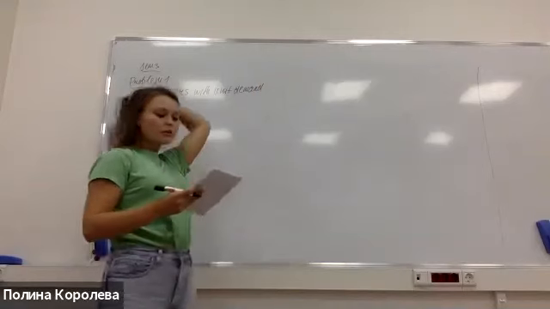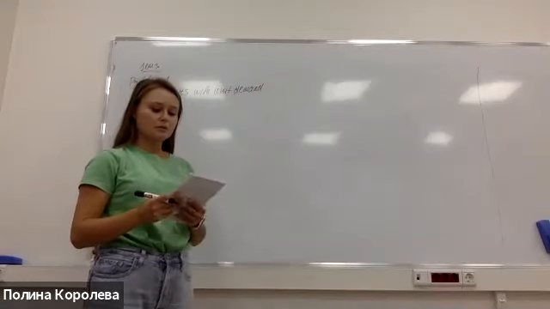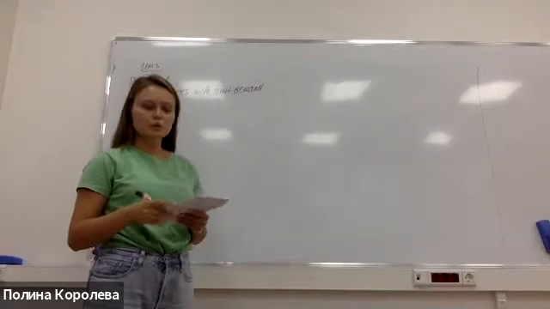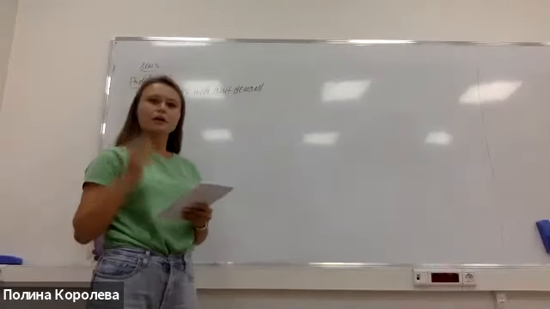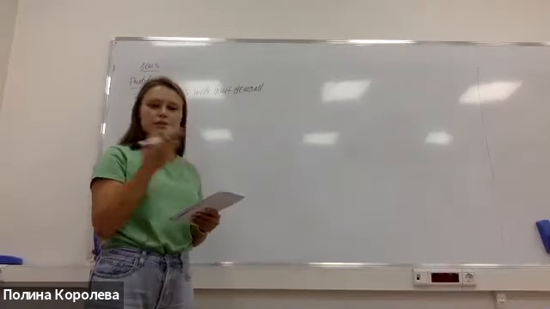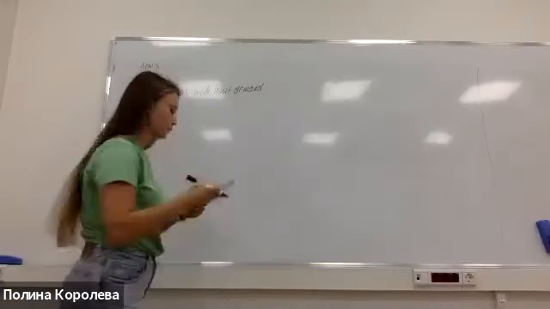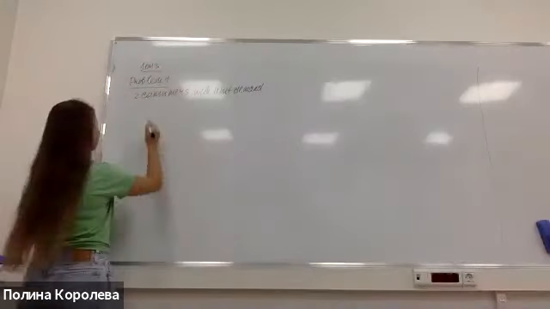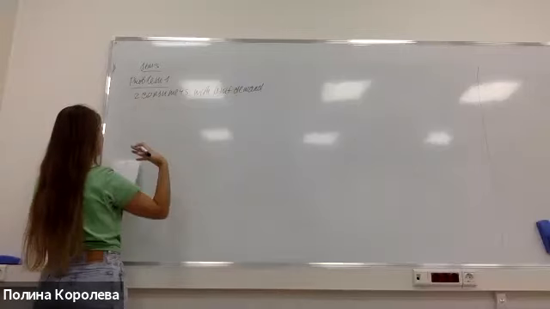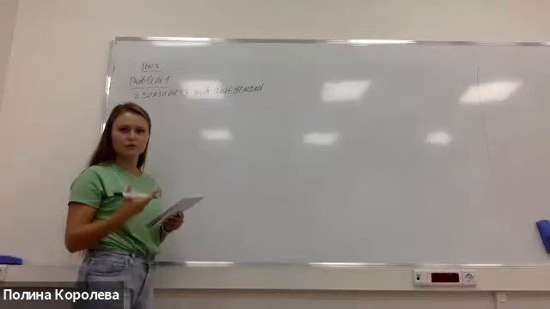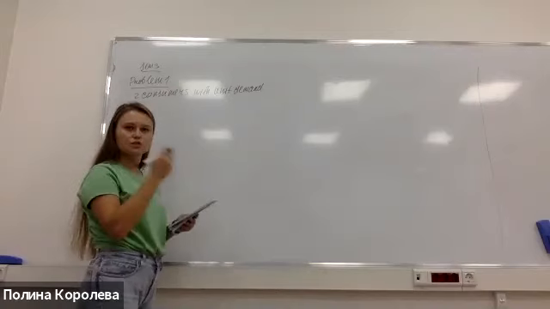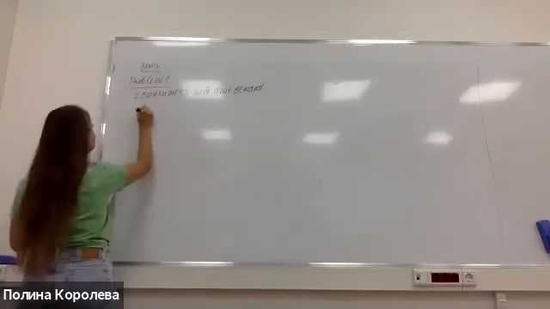What do we know about their willingness to pay, and what do we know about the good? The good can be either of high quality or low quality. Two types of this good. And we know something about the maximum willingness to pay of our consumers for each type of the good.